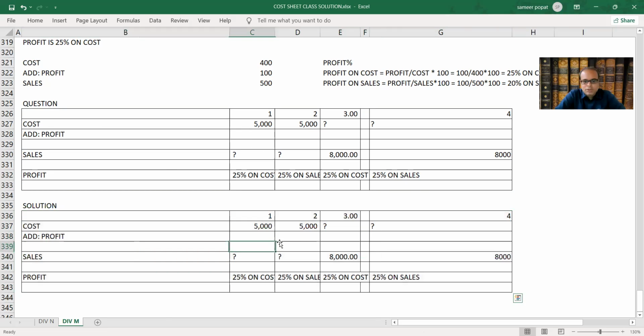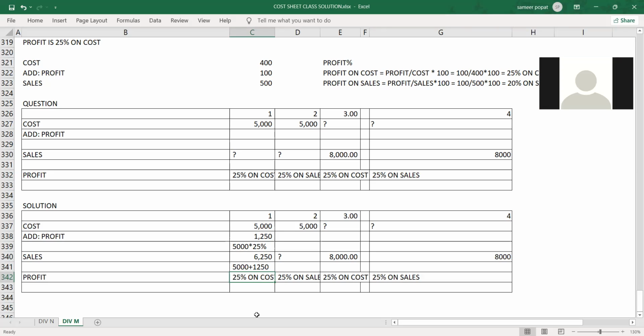If we know the amount of cost and profit is on cost, directly we can apply the percentage on 5,000, 25%. So 1250 is your profit. Cost plus profit is nothing but your sales. So we will get sales as 6250, that is 5,000 plus 1250. Got it, everyone?